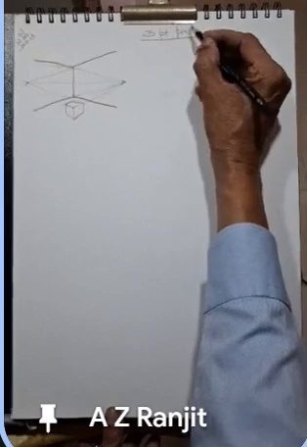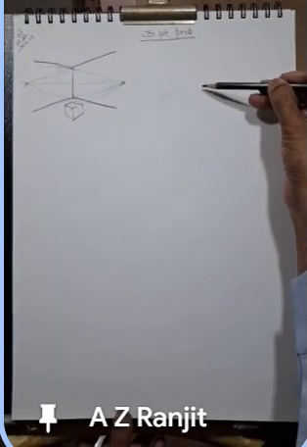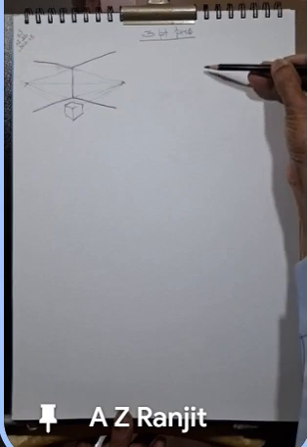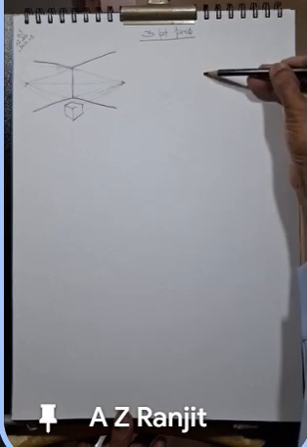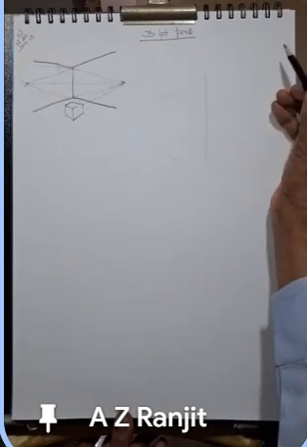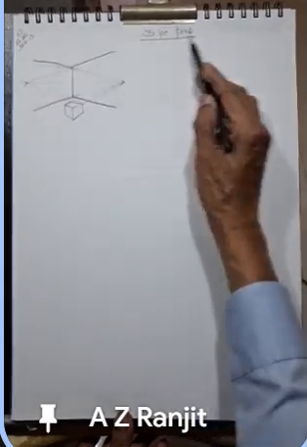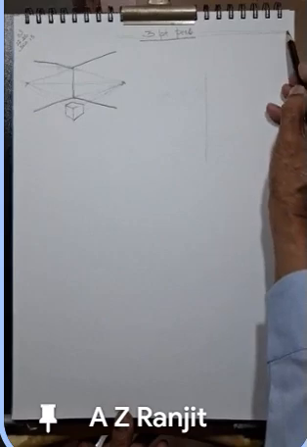Okay, 3-point perspective. Now, what do we do? We have a 2-point perspective. We'll start here. We'll have a 2-point perspective. This goes here. We'll keep that as the eye level line.